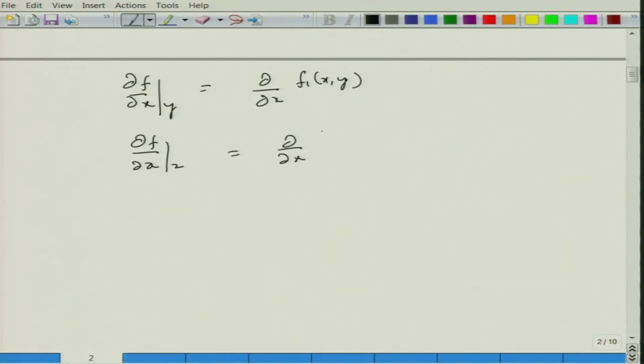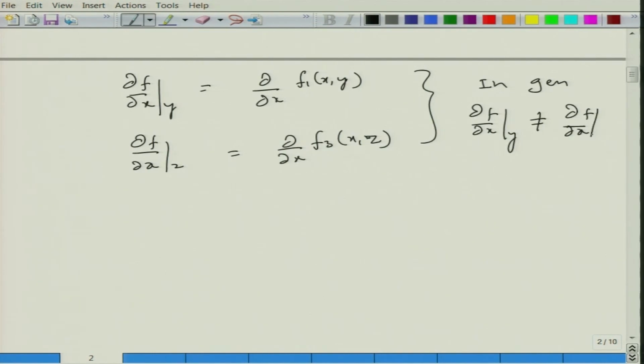So I can write this as f3 of x, z. Now you can clearly see that in general del f by del x at constant y need not be equal to del f by del x at constant z.